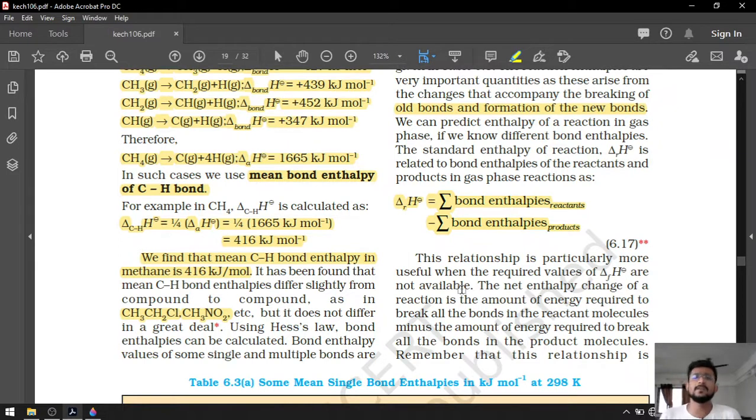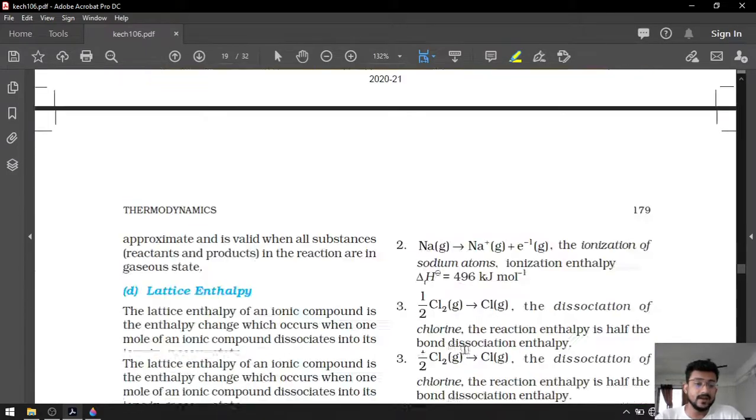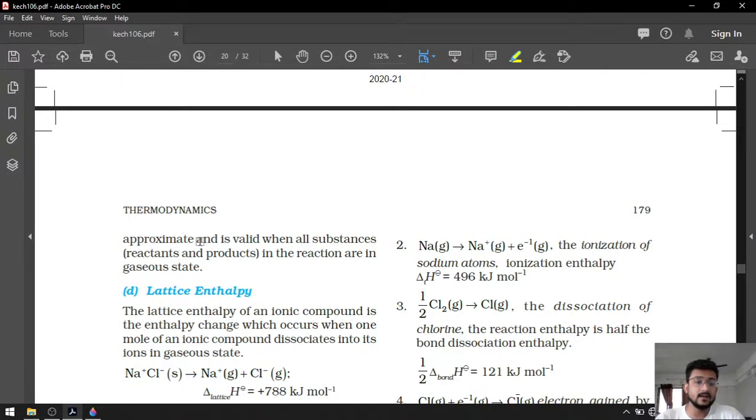If formation enthalpy is not available, we can use bond enthalpy. The net enthalpy change of the reaction is the amount of energy required to break all the bonds in the reactant molecules minus the amount of energy required to break all the bonds in the product molecules. Remember that this relationship is approximate and is valid when all the substances in the reaction are in the gaseous phase.